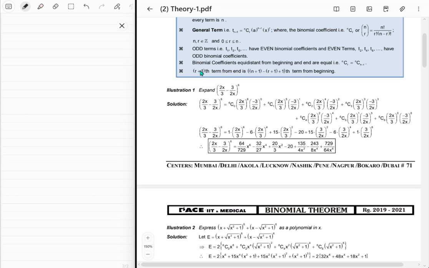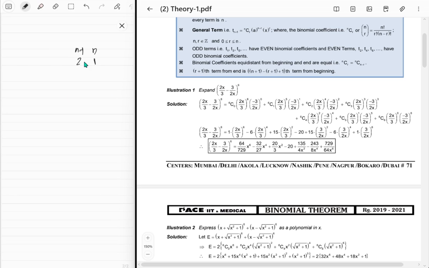So yeah, this is not just for the binomial series. You can use this for anything actually. So you have terms labeled as 1, 2, 3, 4, and so on, and then it's going to stop at n, right? And then you're talking about the (r plus 1)th term from the end. The thing is, you are replacing n by 1 and n minus 1 by 2 and so on, right?